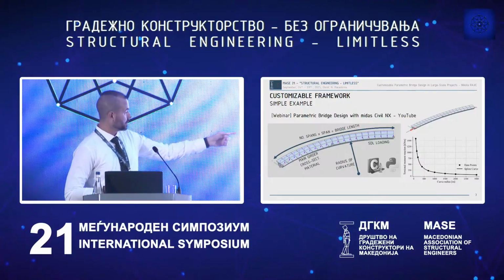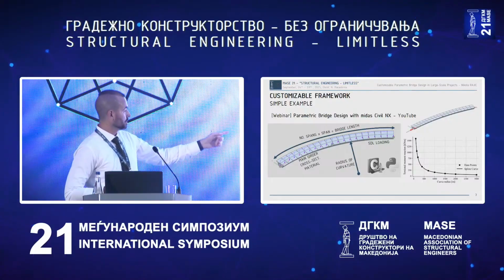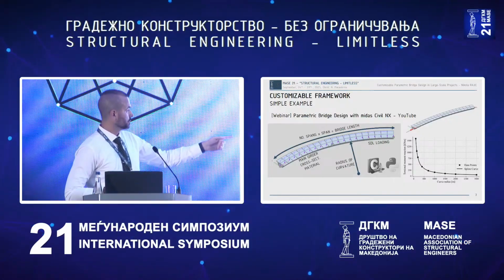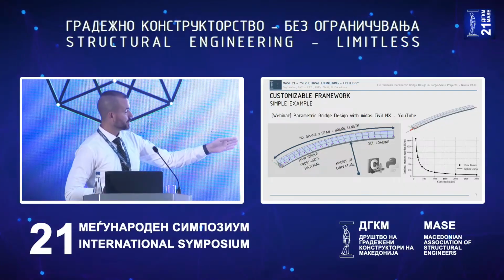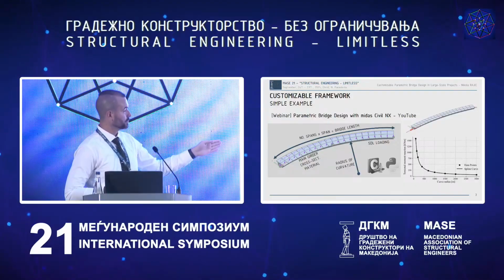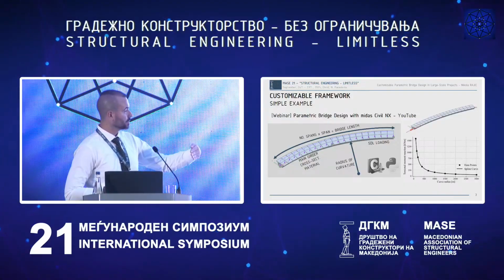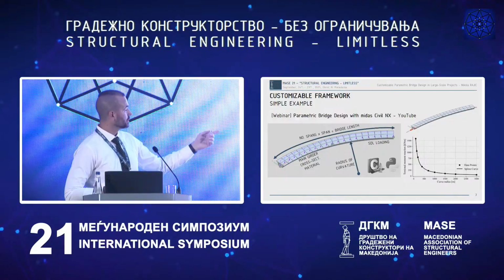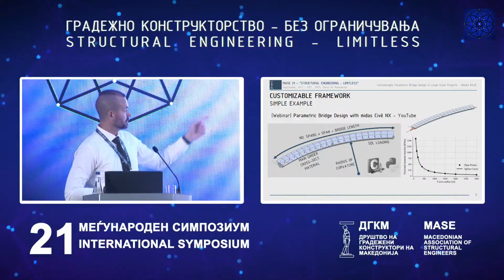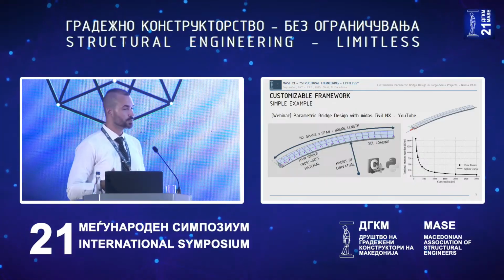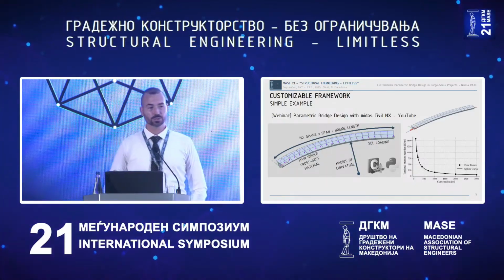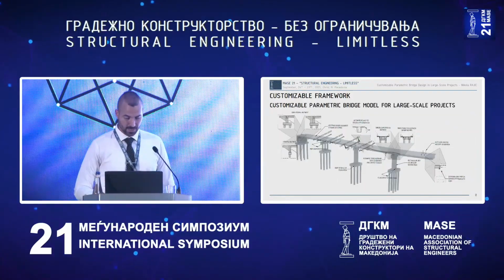So if you can take a look at the graph on the bottom right, you can see if the curvature is getting lower, if it is in a much sharper curve, then the torsional reaction gets much higher magnitude. So this is one simple example, so-called theoretical school example.